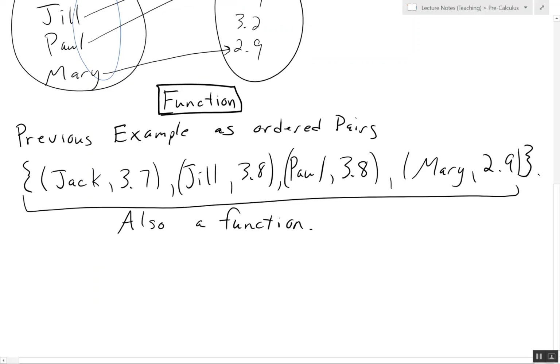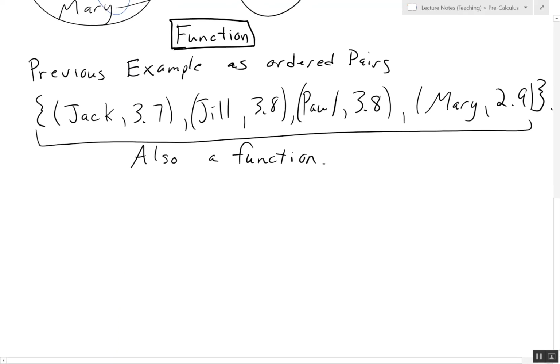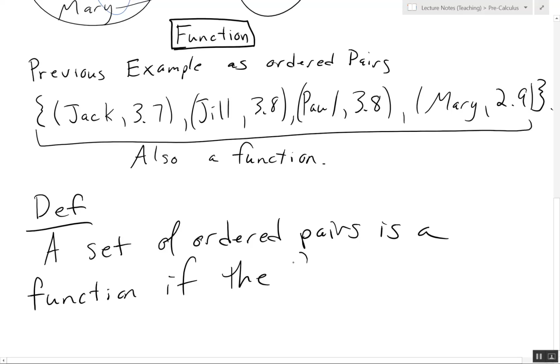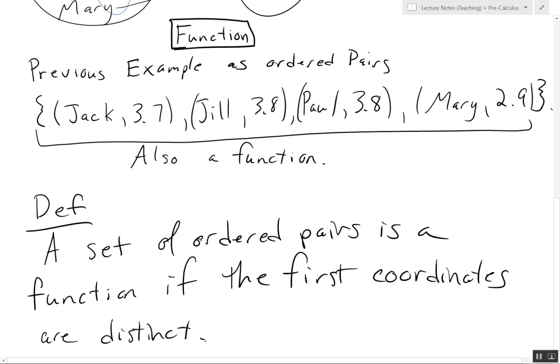So when we look at function notation in terms of ordered pairs, an equivalent definition is as follows. A set of ordered pairs is a function if all the first coordinates are distinct. Sorry for the little audio gap there.